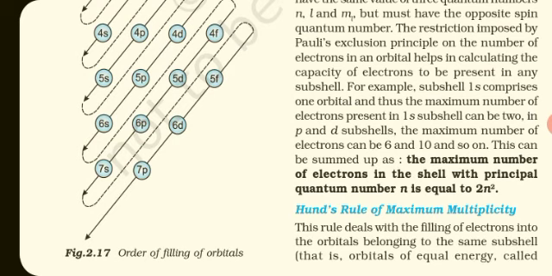For example, subshell 1s comprises one orbital. Thus, the maximum number of electrons present in one subshell can be 2. In s, p, d and f, the maximum number of electrons can be 2, 6, 10 and 14. The maximum number of electrons in the shell with principal quantum number n is equal to 2n square.